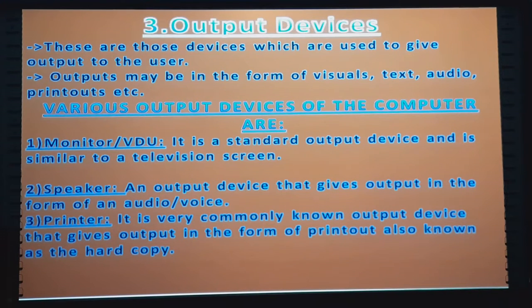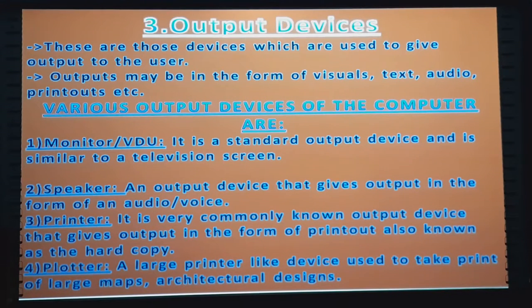Okay, so this is the printer. All of you might be aware of all these things, so I will simply give an overview and then move forward. So printer means output in the form of hard copy will be provided by the printer in the form of printouts.